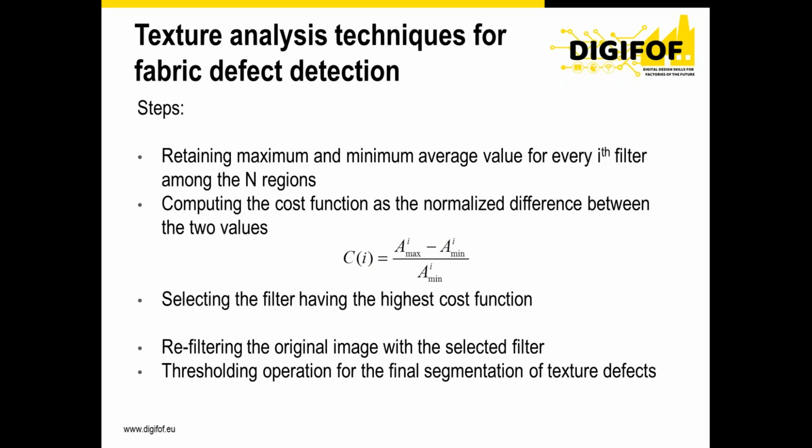If we manage to find out which filter is the one that in the convolution process has the highest response in this case, then we find out the filter that will give us the frequency of the texture, but also the orientation of the texture.